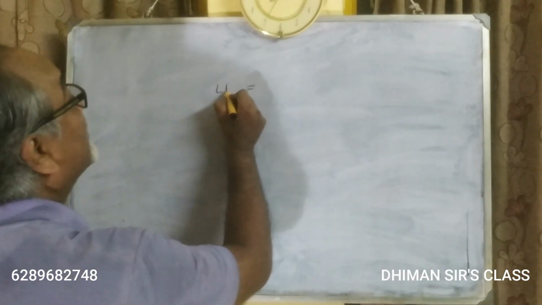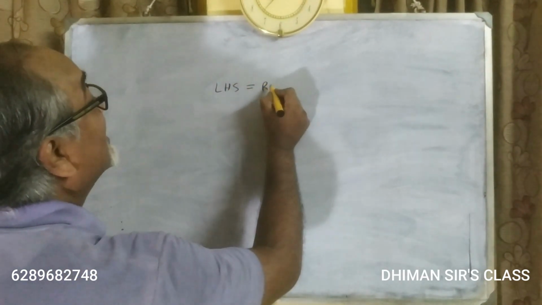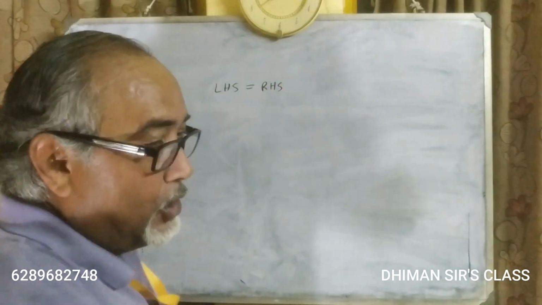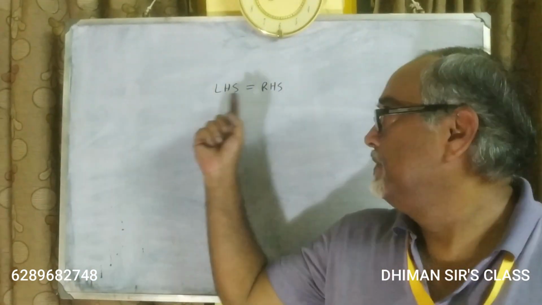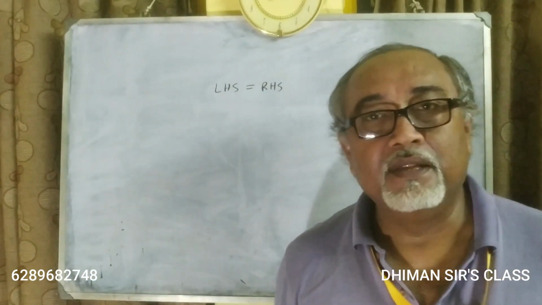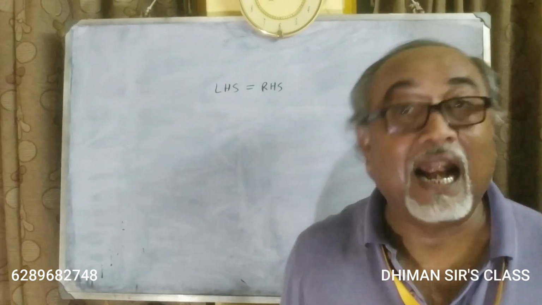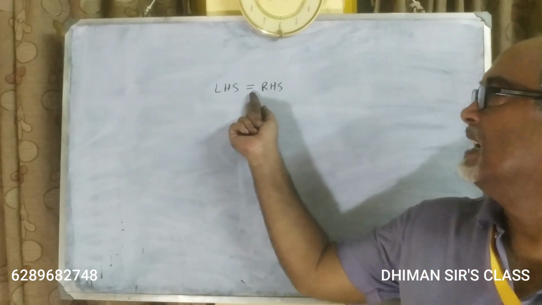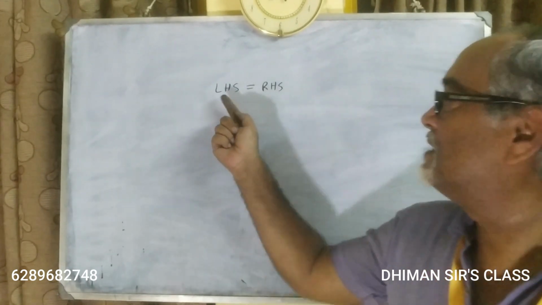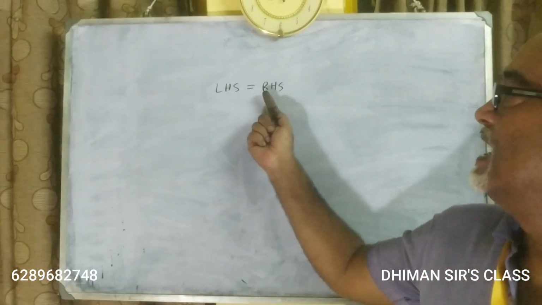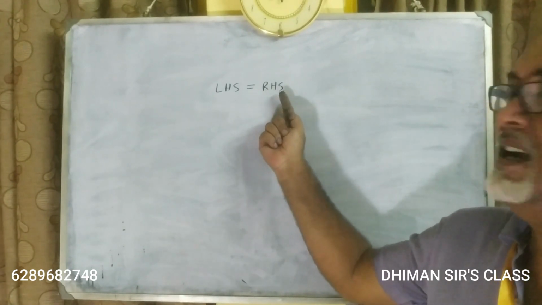One is called the left hand side, the other one is called the right hand side. Two sides will be there, students. Now in these two sides, obviously both the sides would be equal to each other, and that is why there is an equal to sign in between them. LHS means left hand side, RHS means right hand side.